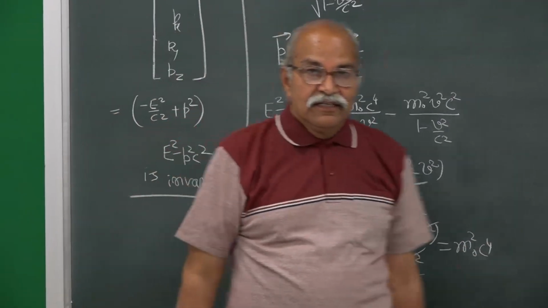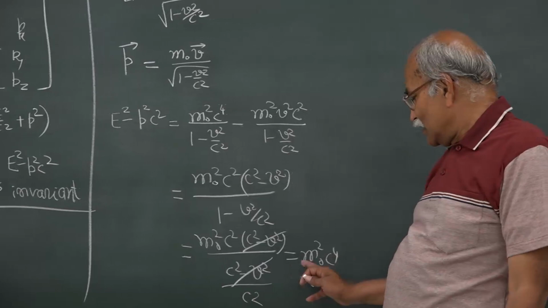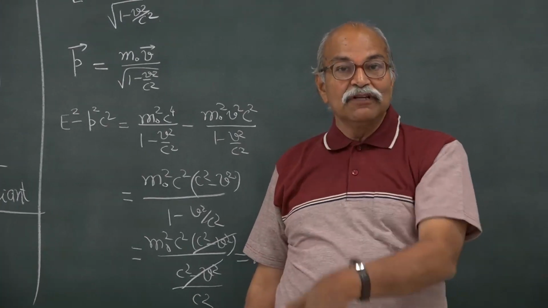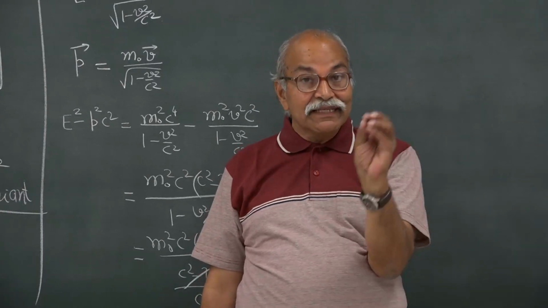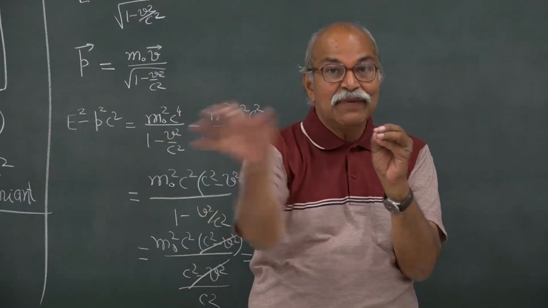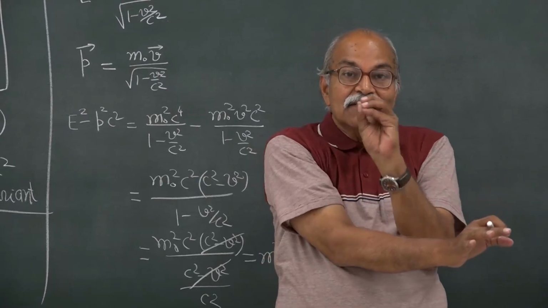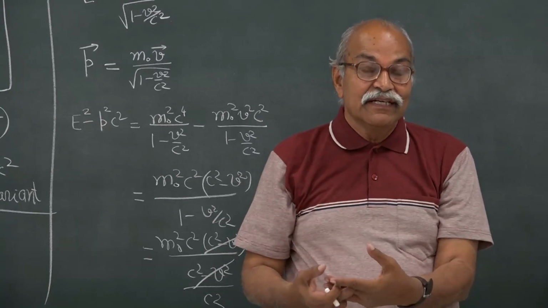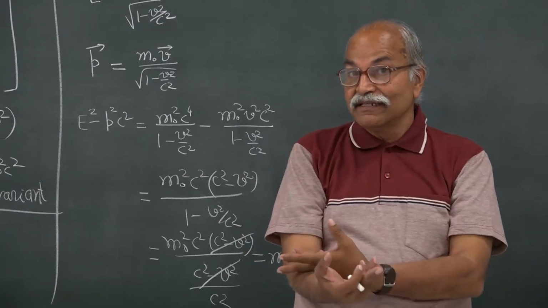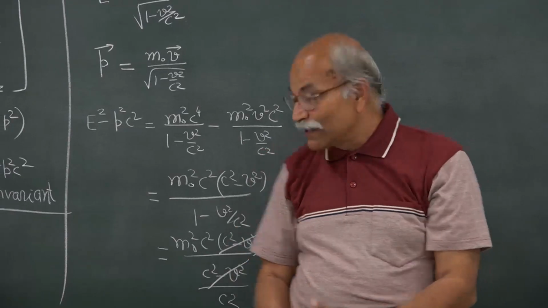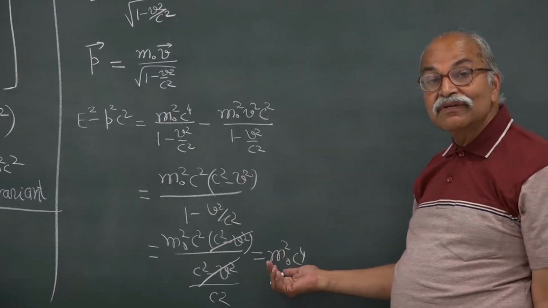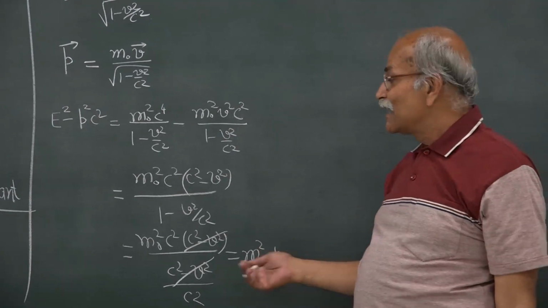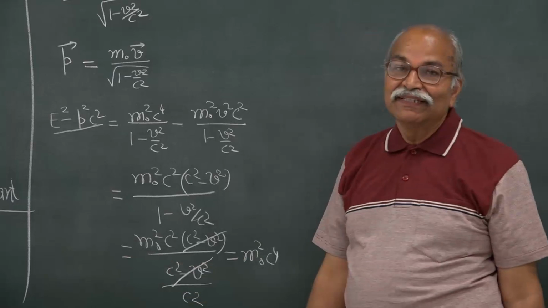Alright. So this is invariant anyway, because when you change frame, go from one frame to the other frame, you are seeing the same particle from this frame and that frame. So the inner structure is not changing. Only the speed is changing, velocity is changing, correspondingly total energy is changing, momentum is changing, but this rest mass m naught remains the same, and therefore m naught square c to the power 4 remains the same, and therefore E square minus P square c square remains the same.